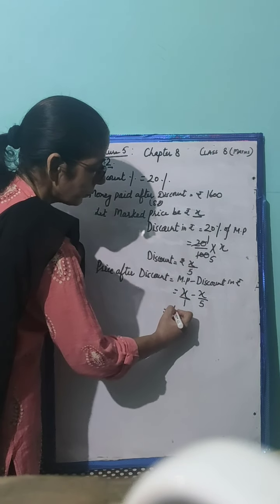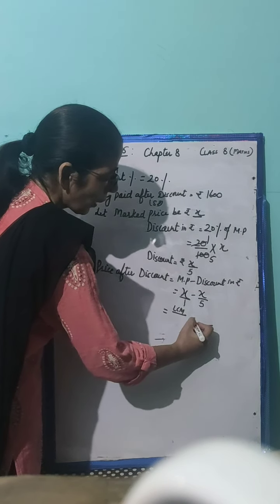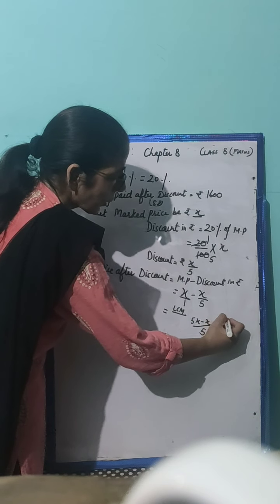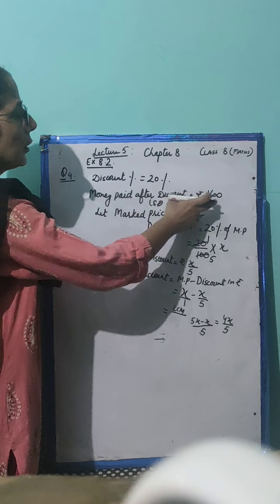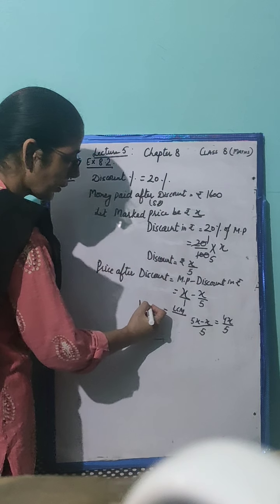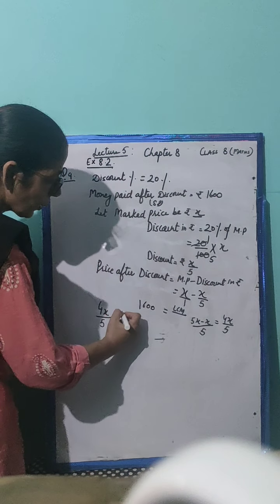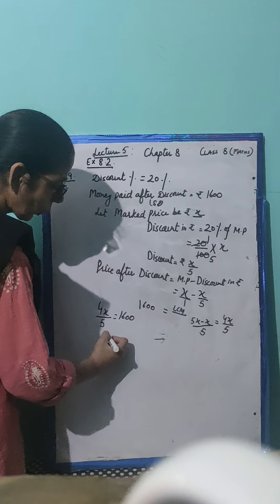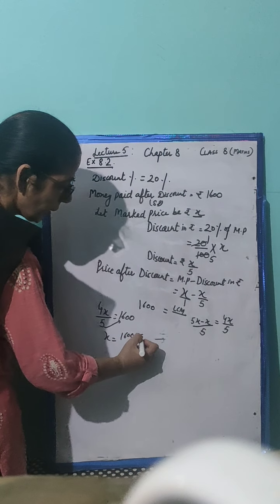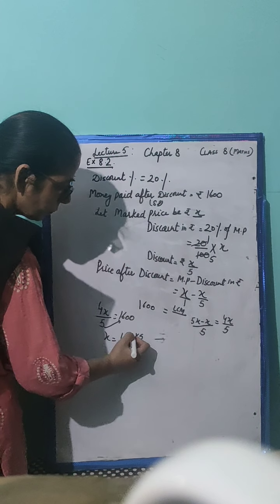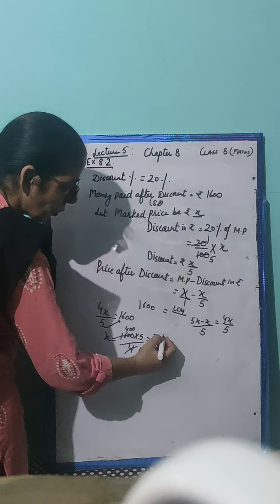Take the LCM: 5x minus x. So what is this? 4x by 5. But the price after discount is given as 1600. So I can compare it with 1600. 4x by 5 is equal to 1600. So what will be the value of x? 1600 into 5 by 4 rupees. What will be the value?